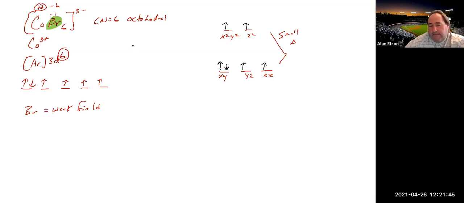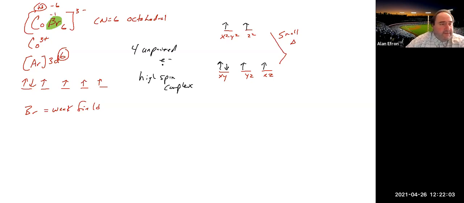So here we end up with 4 unpaired electrons. And that would mean that this is a high spin complex, with those four unpaired electrons.